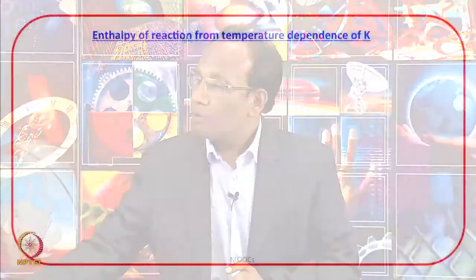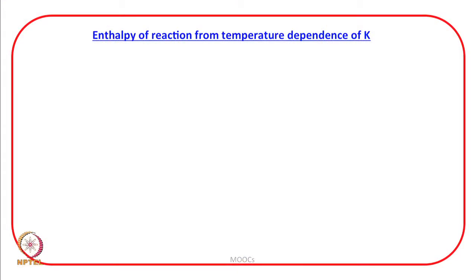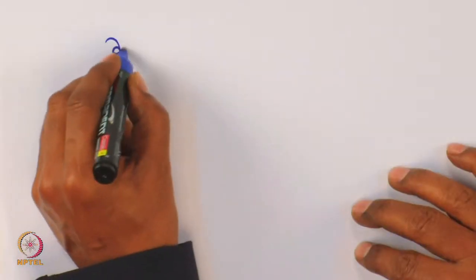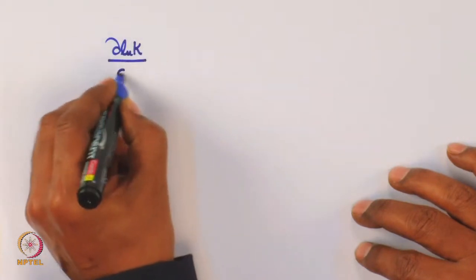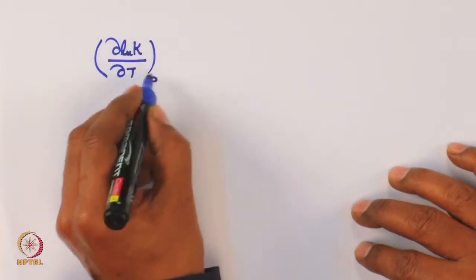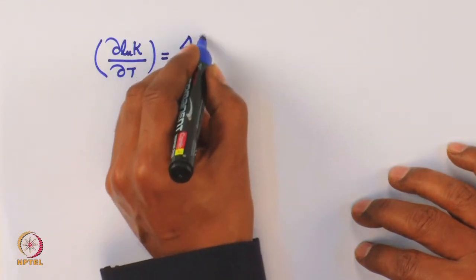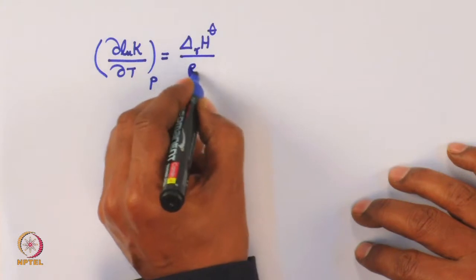Let us discuss more about the enthalpy of reaction from the temperature dependence of K. From the Van 't Hoff equation we just discussed that we can determine enthalpy from the temperature dependence of K. A little more detail we can discuss. What we have is the variation of log K with temperature at constant pressure equal to delta rH naught by RT square.